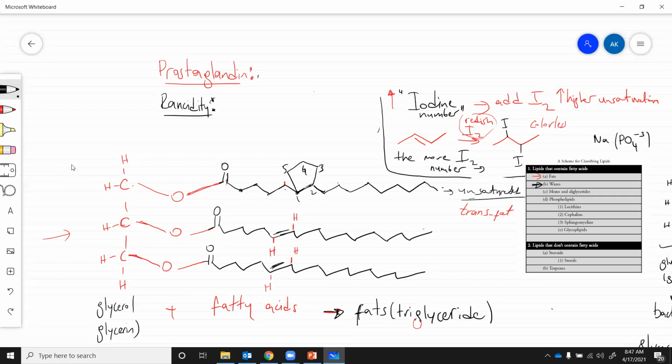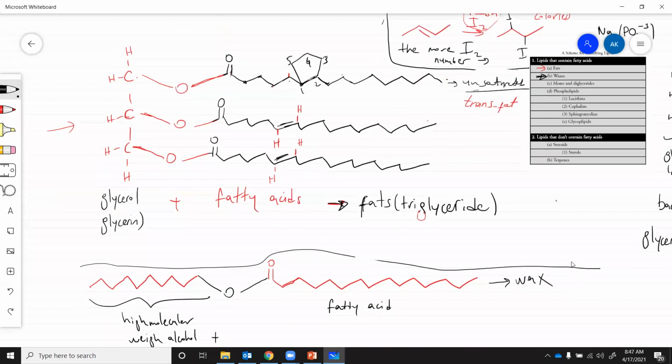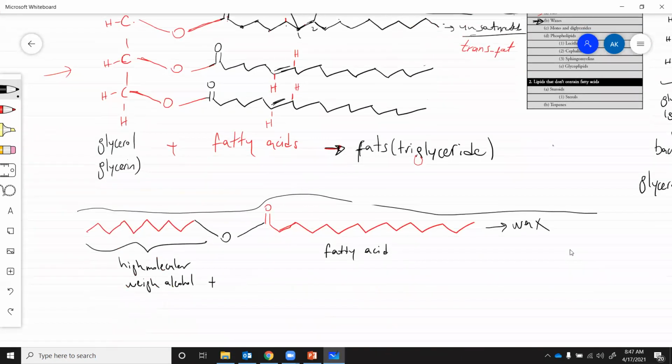What are waxes? Now we are in the second category, and waxes are very simple, right? Again, it's the same question that I asked you earlier. You have a higher molecular weight alcohol, meaning a carbon chain larger than 10 carbons, very high. And then you mix this with a fatty acid.